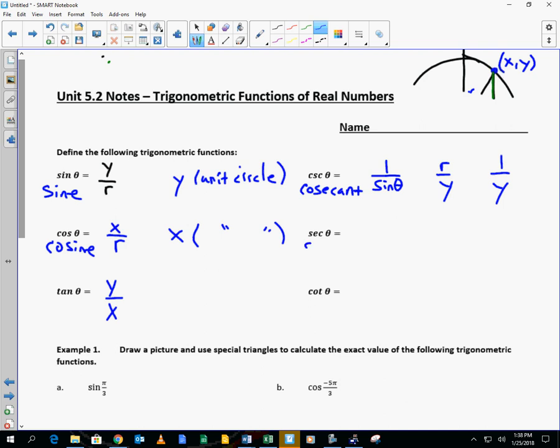This is secant, which is 1 over cosine. It's the reciprocal of cosine, which would be r over x, or as William said, 1 over x in the unit circle. And cotangent is 1 over tangent, or x over y.